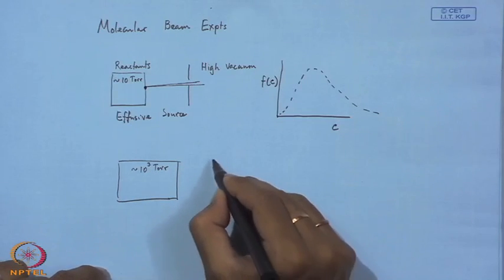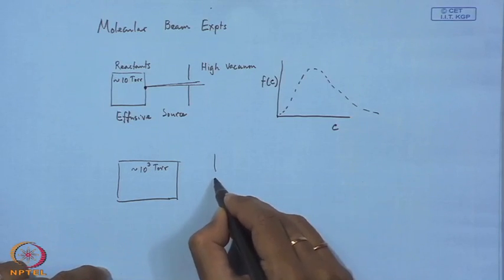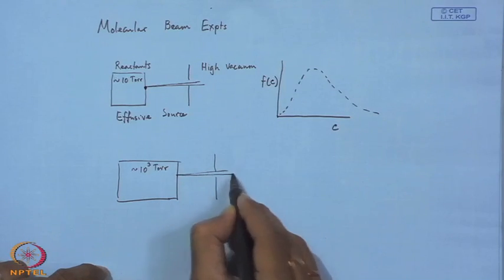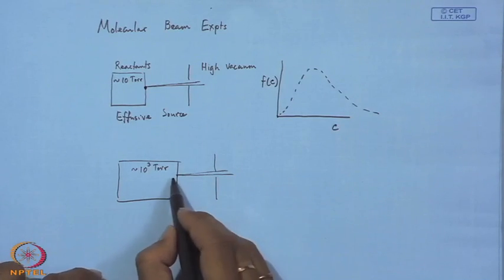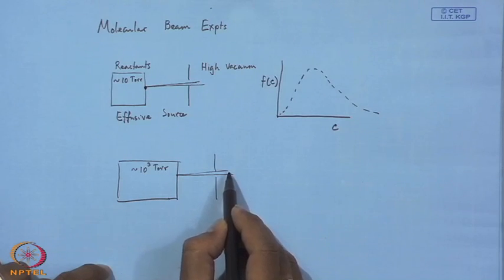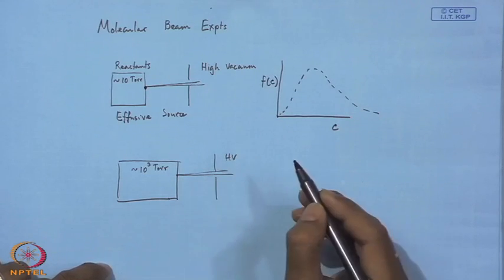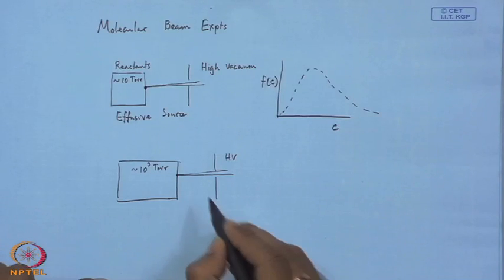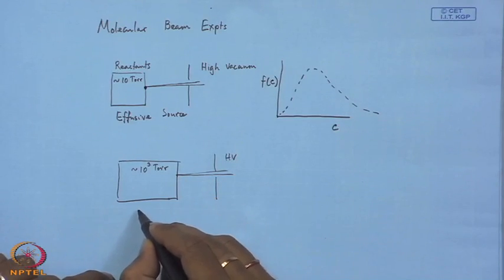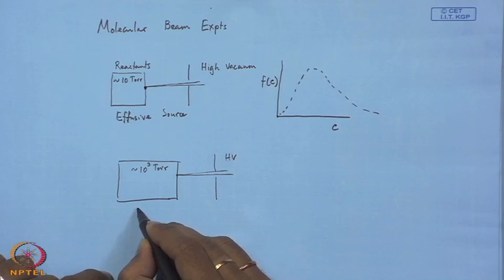Of course, this side is high vacuum. So the molecules will go from the higher pressure to the lower pressure side, the high vacuum. This source will act as a supersonic nozzle source.